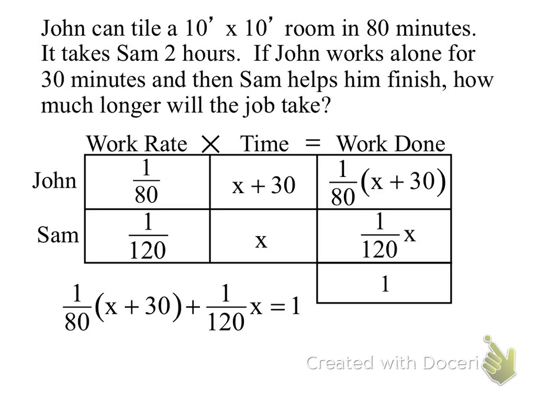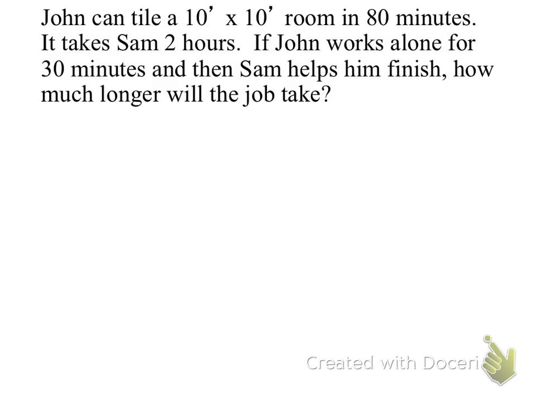I always take the bigger number. Does 80 go into 120? So take the bigger number and go 120 times 1, 120 times 2, 240. Oh, 80 does go into that. Okay? So I'm going to multiply everything by 240.